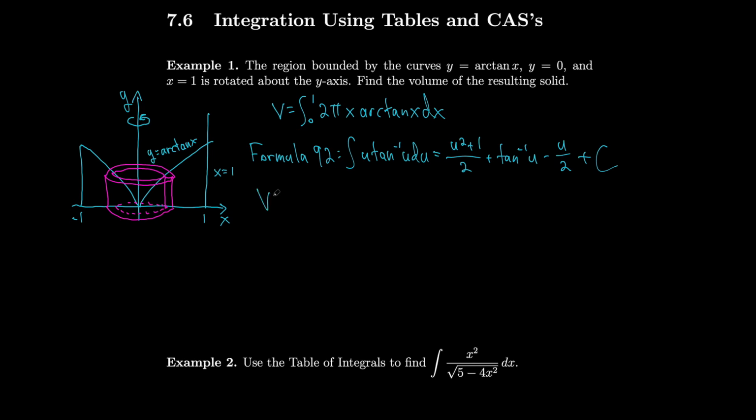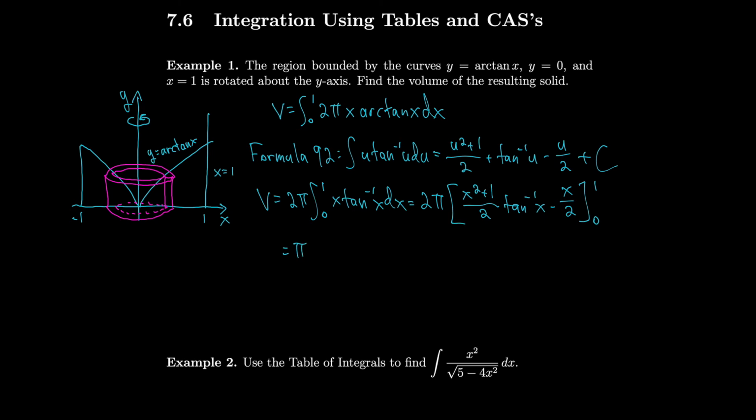So our volume is equal to 2 pi times the integral from 0 to 1 of x tan inverse x dx, which is equal to 2 pi times x squared plus 1 over 2 times tan inverse of x minus x over 2 evaluated from 0 to 1. Our 2's cancel, and we get pi times x squared plus 1 times tan inverse x minus x.